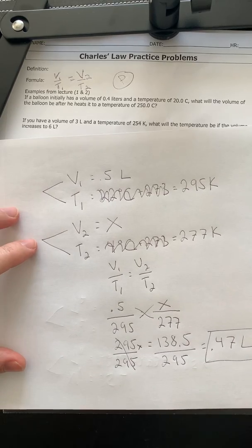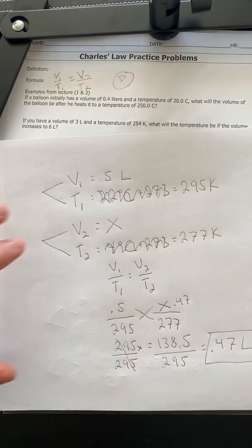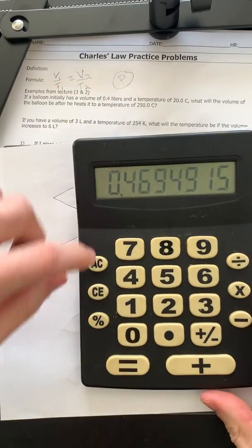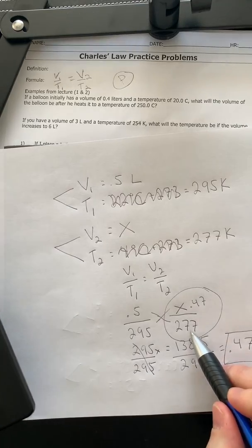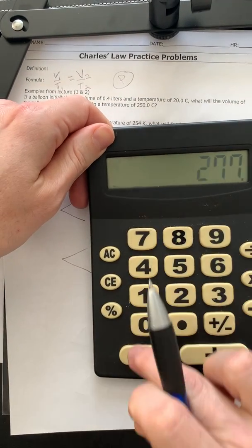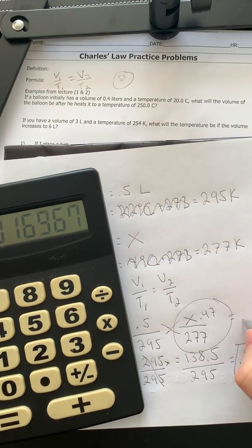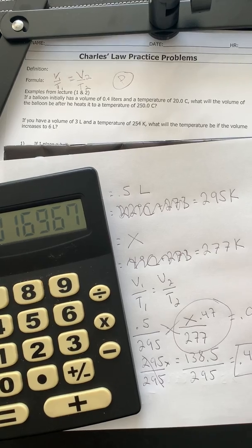If you want to, you can actually go back and double check to make sure you're right. So if I plug in 0.47 here and divide this out, so if I go 0.47 divided by 277, I got this number, 0.001697.